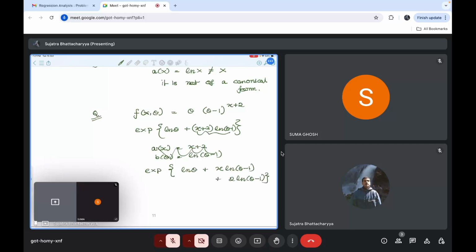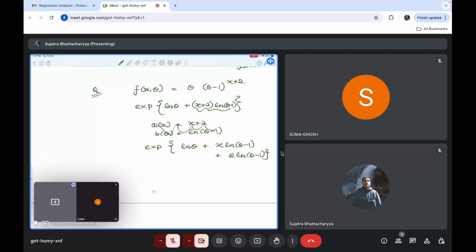So you can clearly see that this is the product. So a of x is equal to x and b of theta is log of (theta minus 1). C of theta consists of everything else, log theta plus 2 log(theta minus 1), and d of x is 0. So it belongs to the exponential family and also has a canonical form.